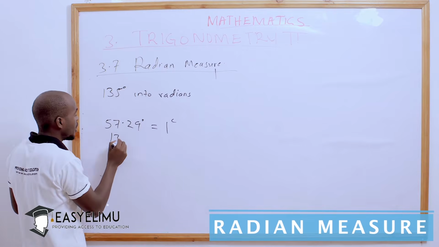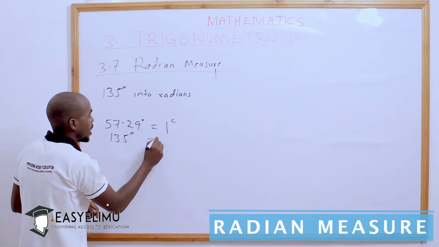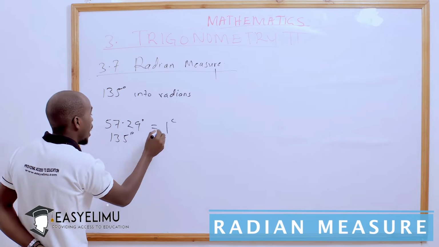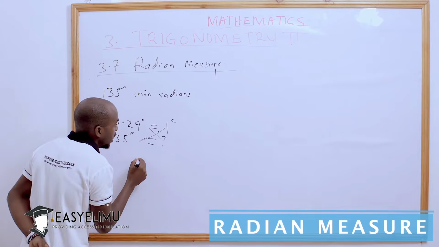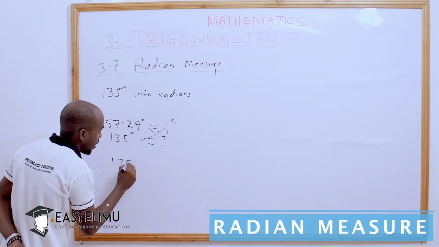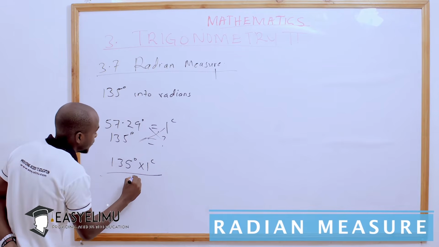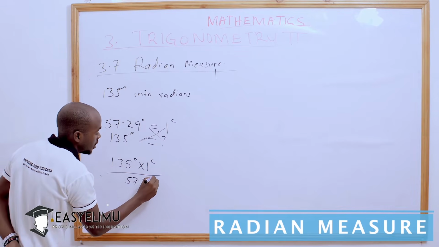What about 135 degrees? How many radians will be present? We shall do cross multiplication: 135 degrees multiplied by 1 radian divided by 57.29 degrees.